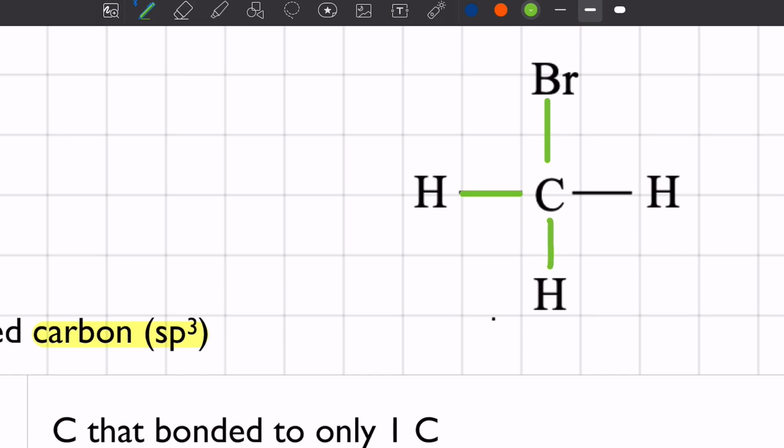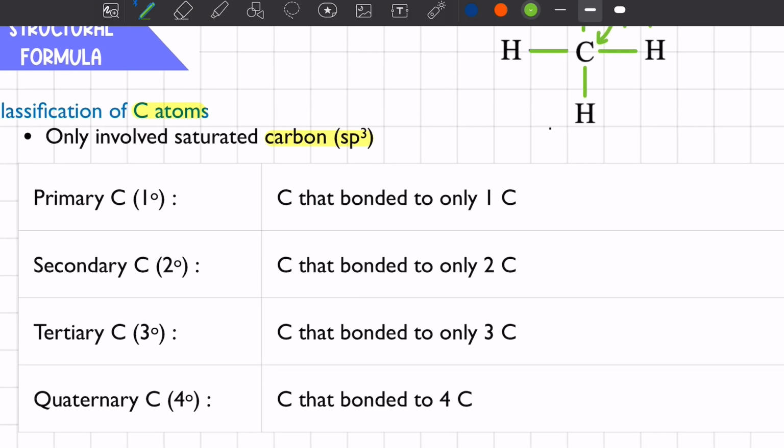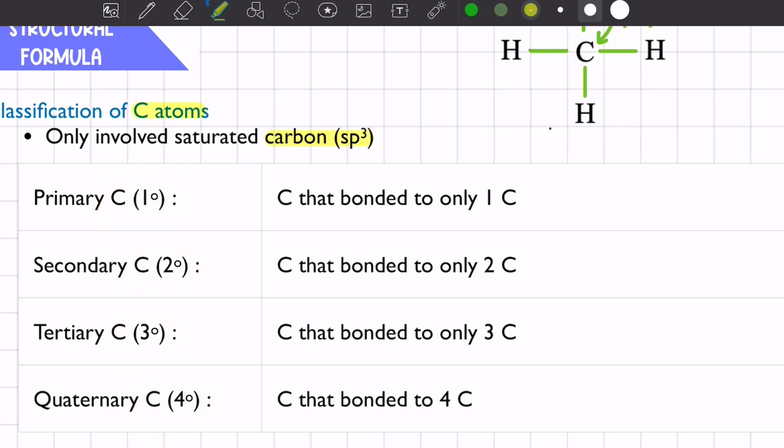Maksudnya, if the carbon have 4 single bond, so basically this carbon is sp3 carbon. Dan baru kita boleh classify dia into primary carbon, secondary carbon, tertiary carbon and quaternary carbon. Okey, boleh isi dalam nota.